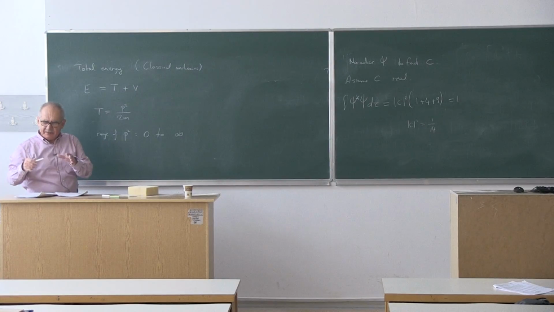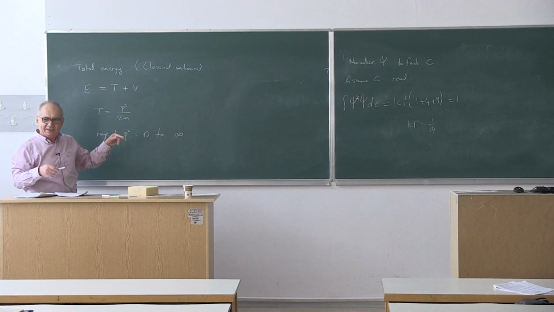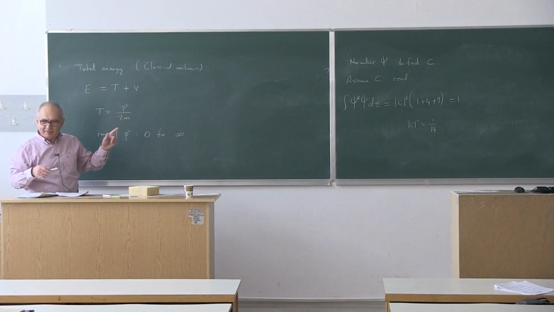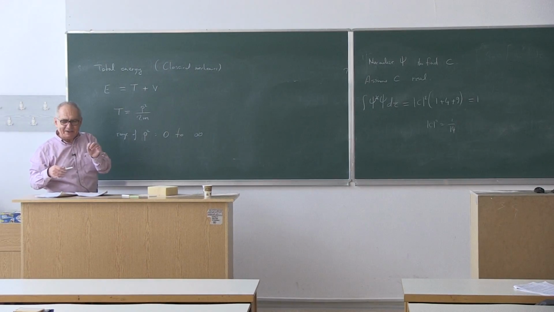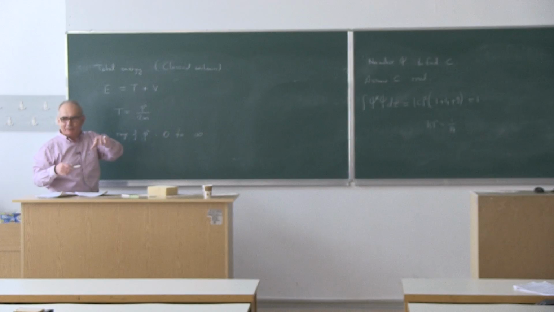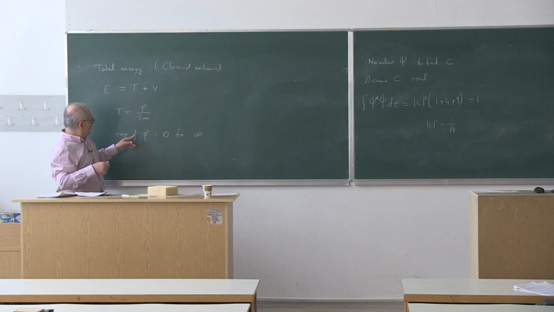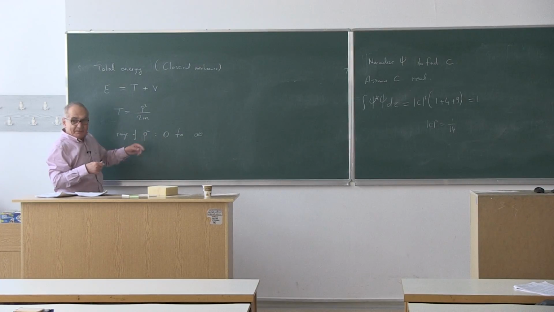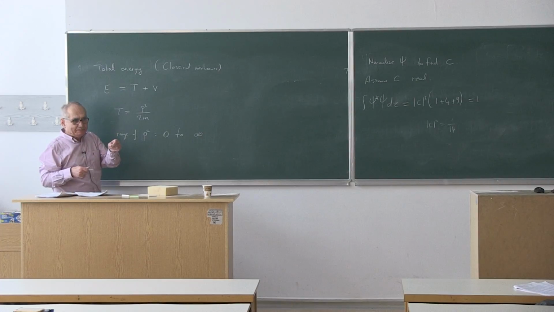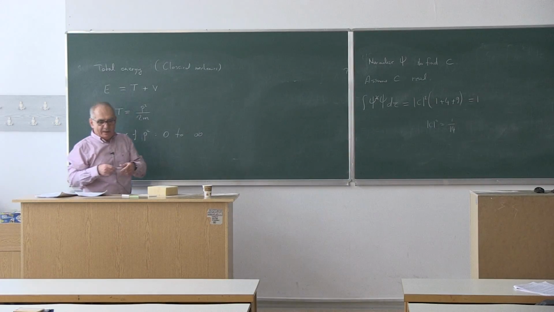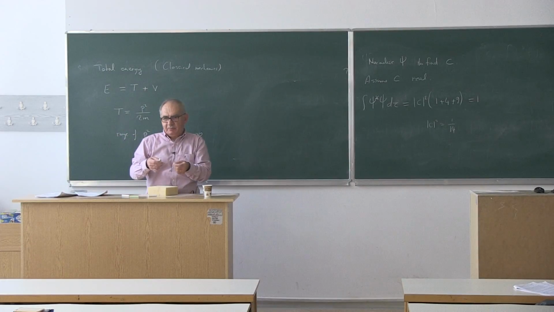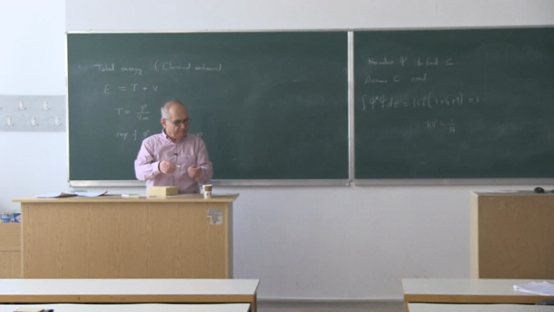All right. So we are asking whether there is any arbitrariness in the kinetic energy. Now, can we measure the magnitude of linear momentum? Well, we can measure the speed of the particle.